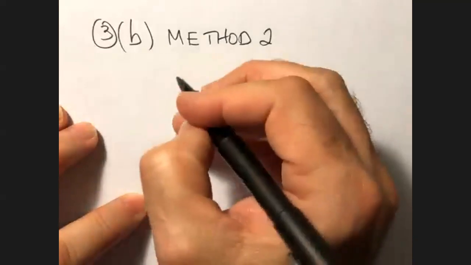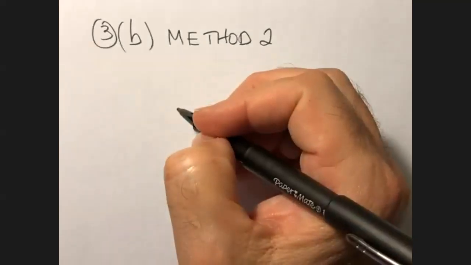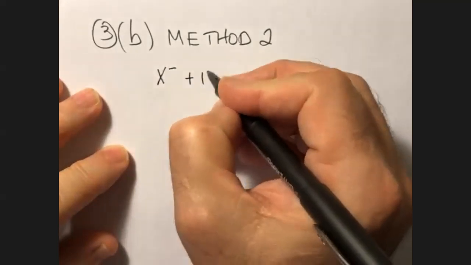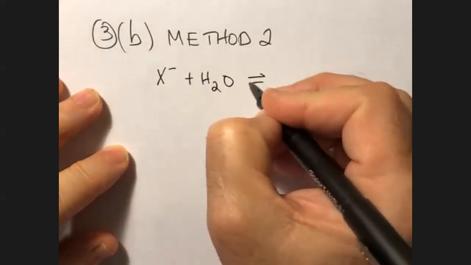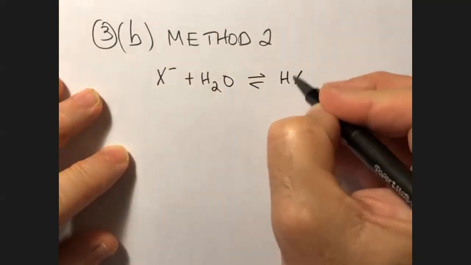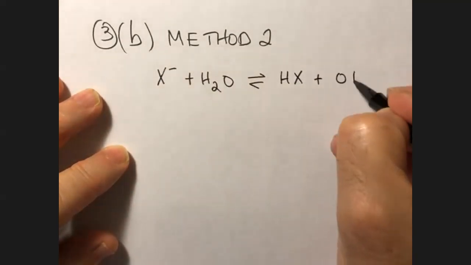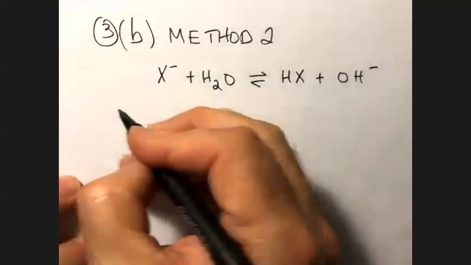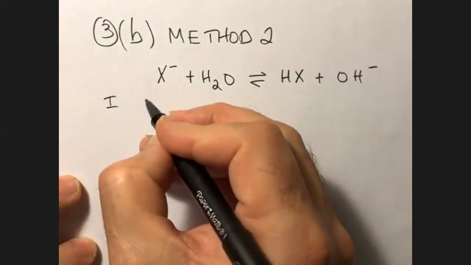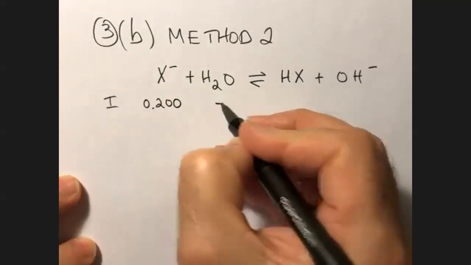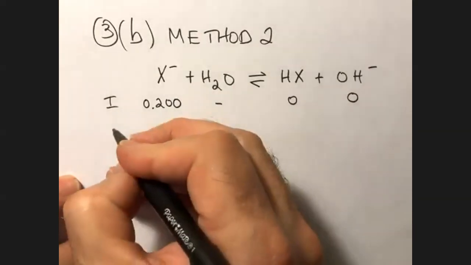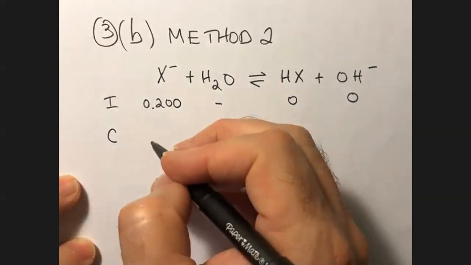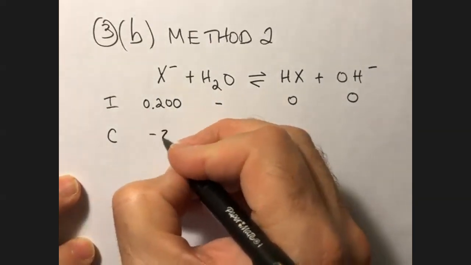So what we're saying here is that this salt will react with water to give us back the acid plus hydroxide ions, right? Once more, we're going to start here with a solution that is 0.200 molar. We're going to see a change now because this is a base. Again, I use a different letter, and in a year or so I might change these letters. I'm going to use Z here for that one.